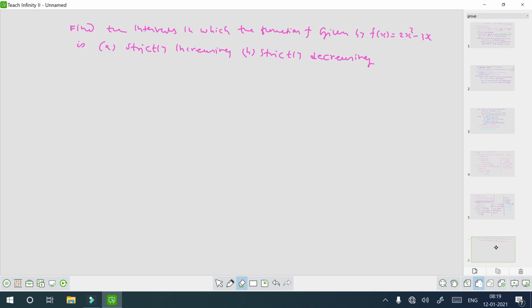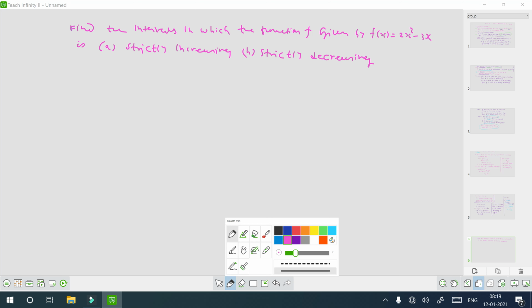In this example, we want to find intervals where this function increase or decrease, and this is the important topic. And definitely one example of 4 marks, maybe they are going to ask from this section. Clear? So let us see.